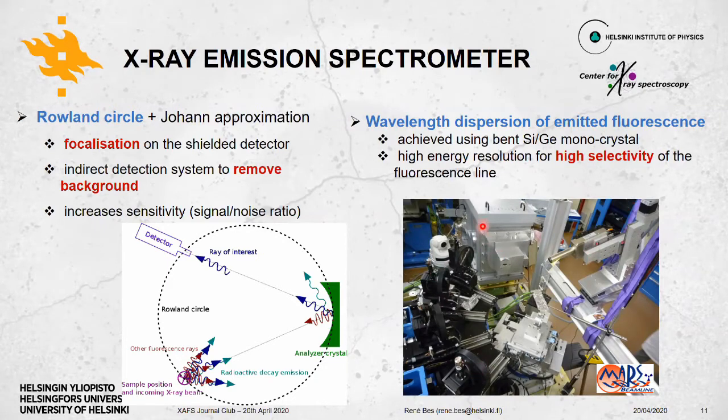The beam is coming this way, hitting the sample here. Here, the emission spectrometer is without any shielding for highly radioactive materials, but in the near future, there will be a shielding here in order to protect the people walking around as well.